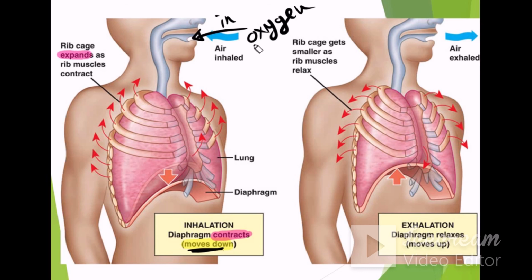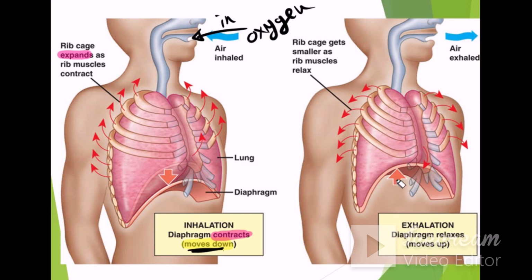Again, when you inhale, take oxygen, your diaphragm moves down and contracts, and the rib cage and the lungs expand and fill with air. On the other hand, the opposite will happen.